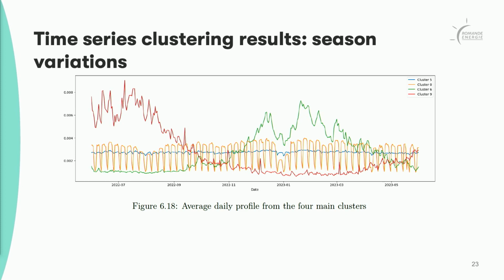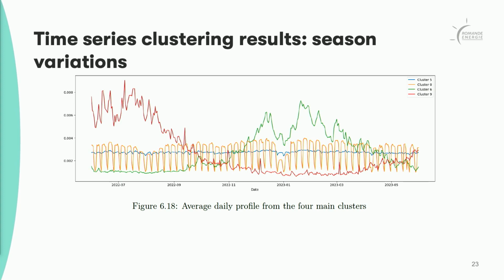And what we observe is this. For example, we see strong seasonality. The red curve and the green curve have inverted seasonality, one with strong consumption during winter and the other with strong seasonality during summer. If we look at the metadata, for the red curve, which has strong seasonality during summer, we have, for example, public pools, a water pumping station, or campsites.